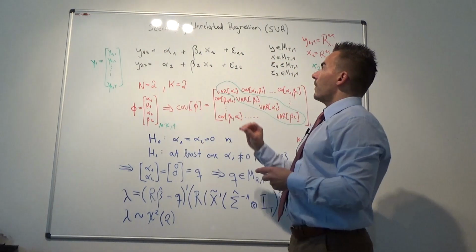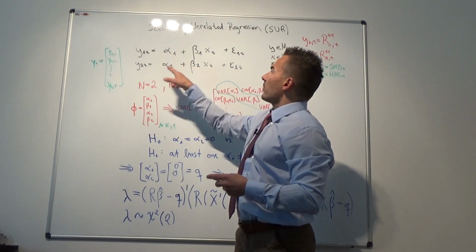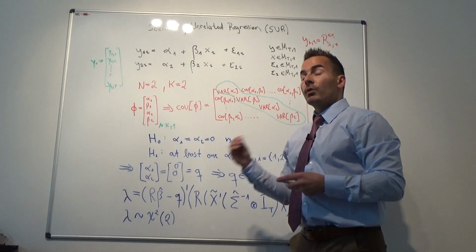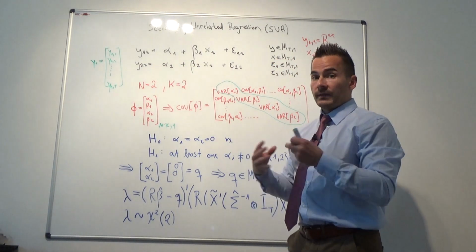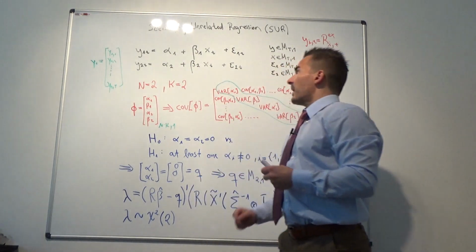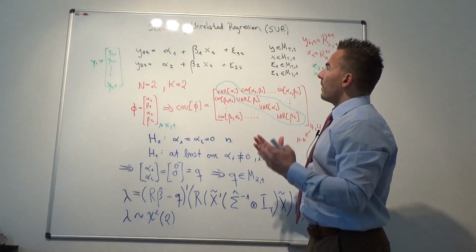If so, then the intercept terms, alpha 1 and alpha 2, should be statistically not different from 0, jointly, both at the same time. That's basically what the GRS test is all about.